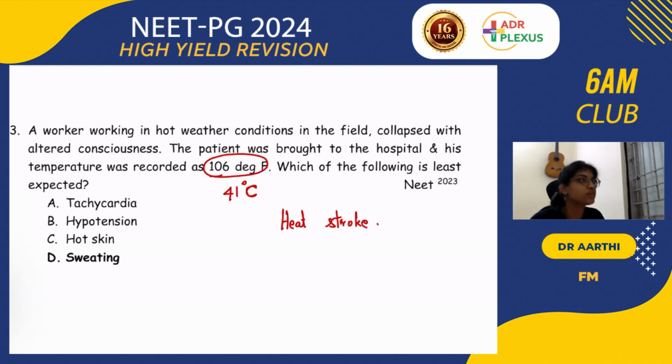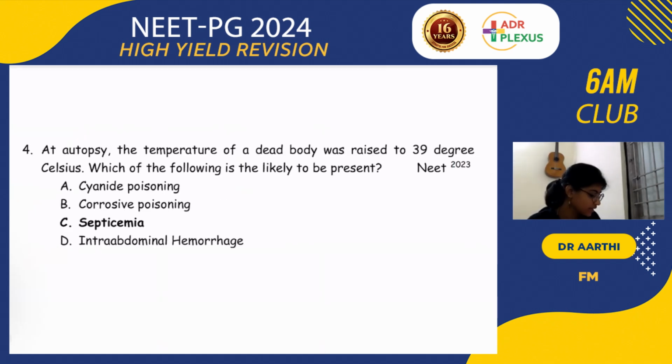So what happens with heat stroke? The sweating stops. All our thermoregulatory centers shut down and the sweating stops. So that is the answer. When the sweating stops, that's when we are seeing it in heat stroke.